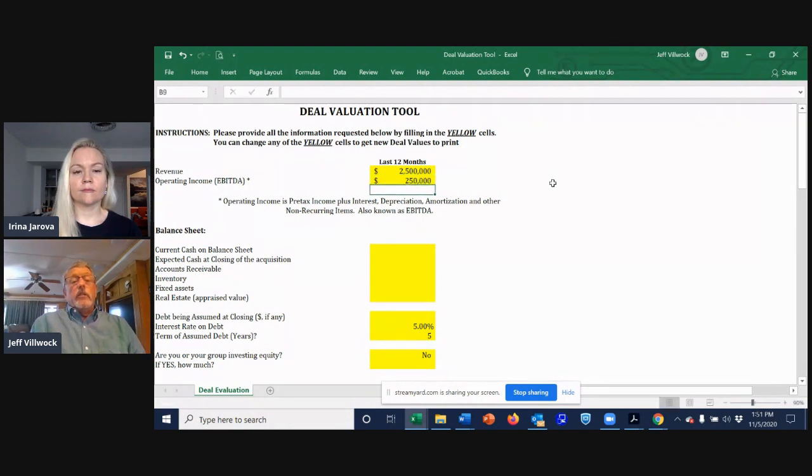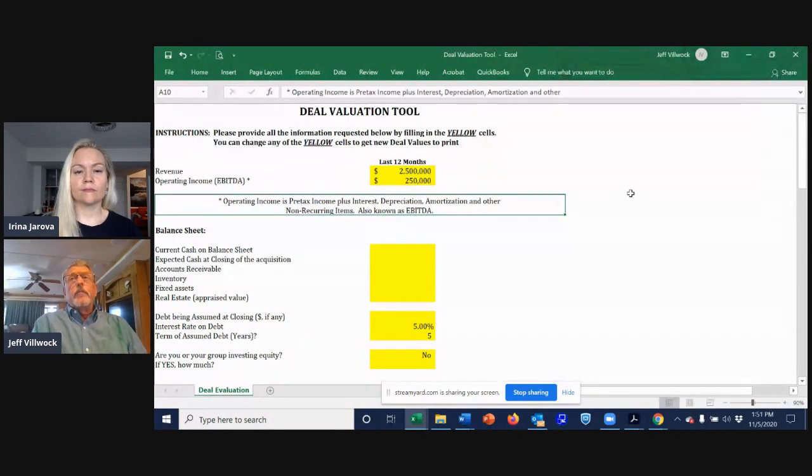Okay. Now a note here. You notice this note here. Let me explain that. On most income statements that you're going to see, you have revenues, you have the cost of goods or cost of sales, and below that you have a gross profit. Below that, you have selling, general, and administrative expenses, better known as SG&A.